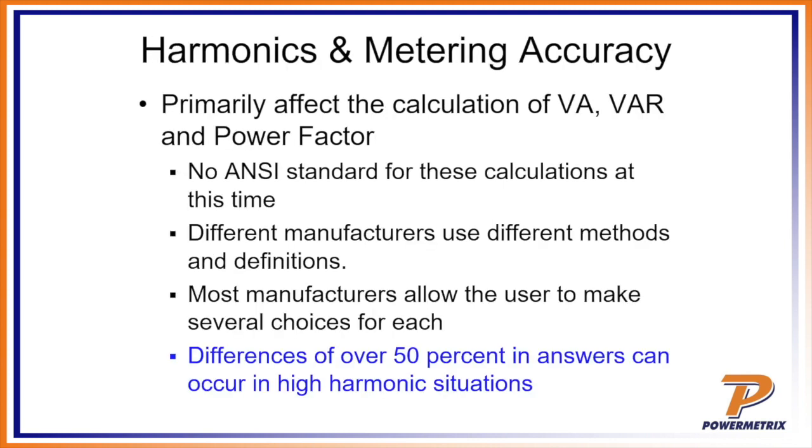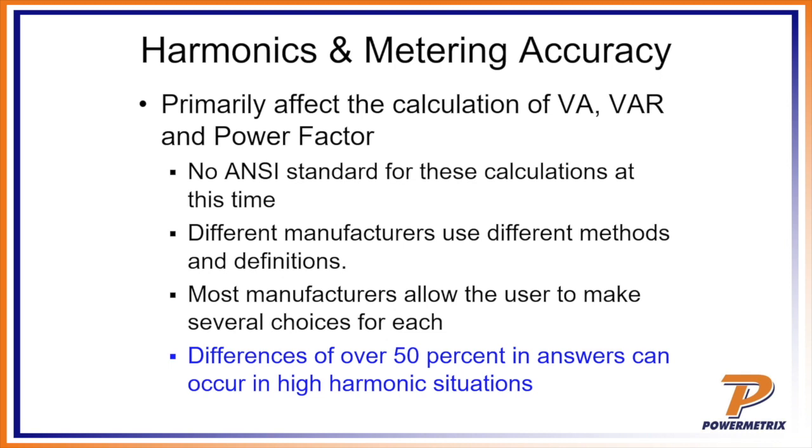Another important thing to talk about for those of you doing VA and VAR metering is that right now there is no standard definition for the mathematical formula for VA and VAR hours under harmonic conditions. That was a problem back in the day in that you could take a couple of different solid state meters, apply the same harmonic load to them, put them in a VA calculation mode, and you might get different answers.